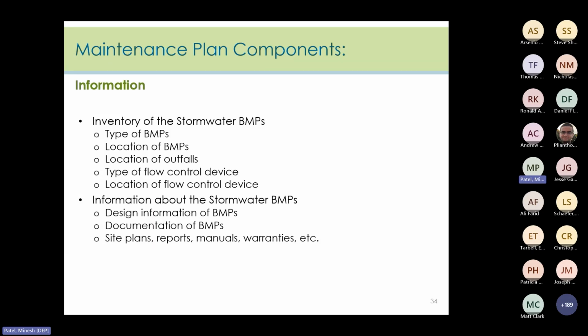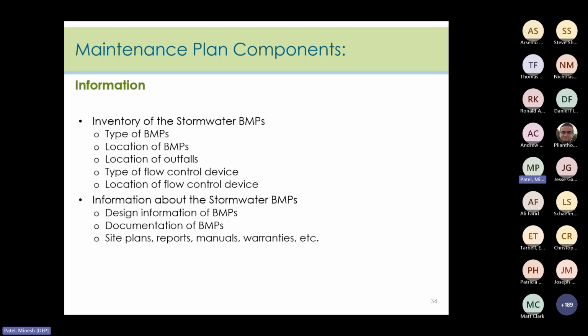This device could be an open orifice that is visible above the ground, a perforated pipe, or other types of flow control mechanisms that are not easily seen on the surface of the BMP. Therefore, providing a clear indication of the location and type of the flow control device is an essential part of the BMP information.